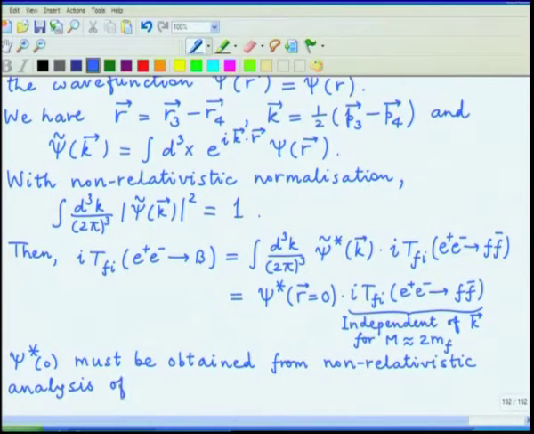analysis of FF bar bound state, and that will depend on what is the force holding the F and F bar together.